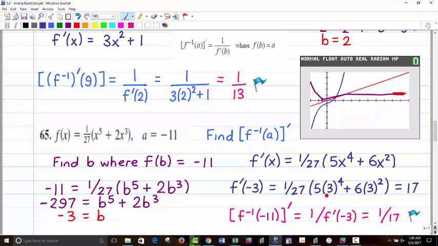I'm just going to squeeze a little negative symbol in there, like so. All right, that'll get the job done. So it's negative 3. And there we go. So it's 17. So therefore, the derivative of your inverse is 1 over 17.